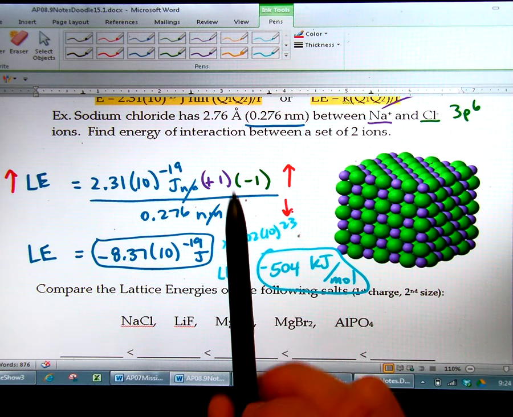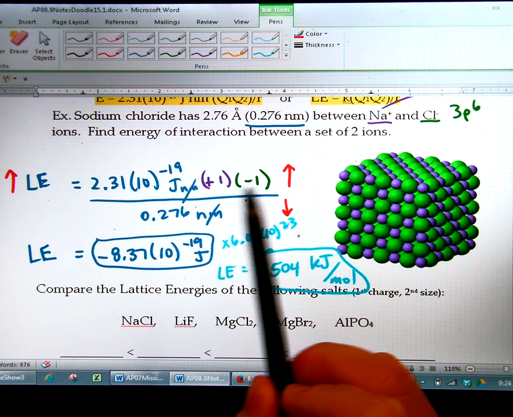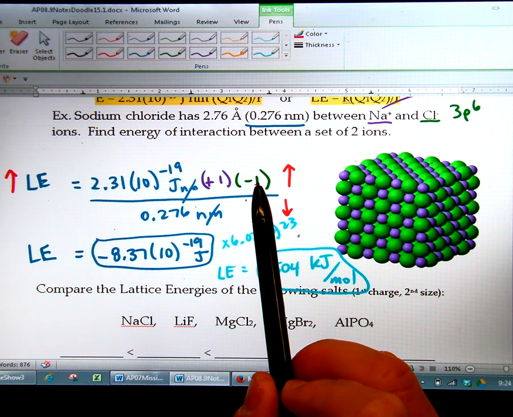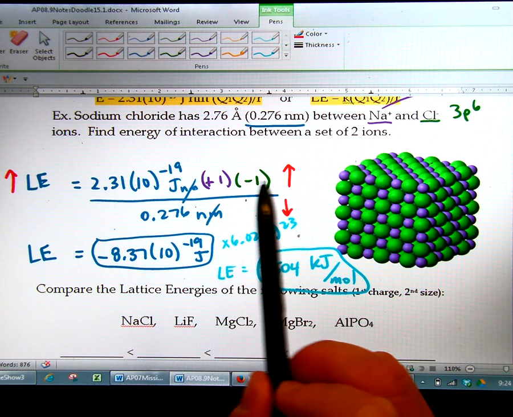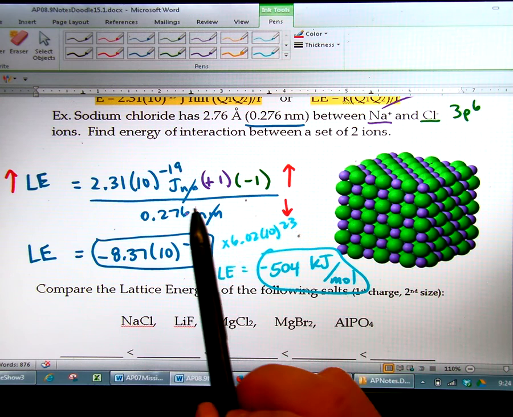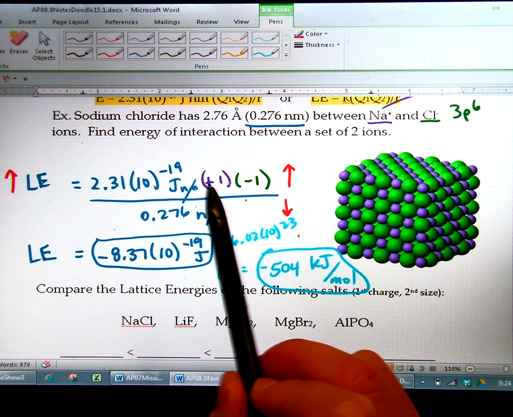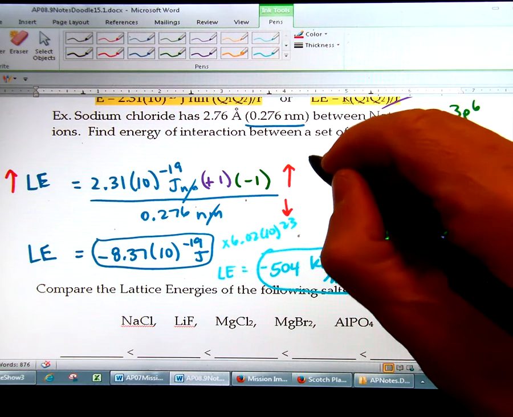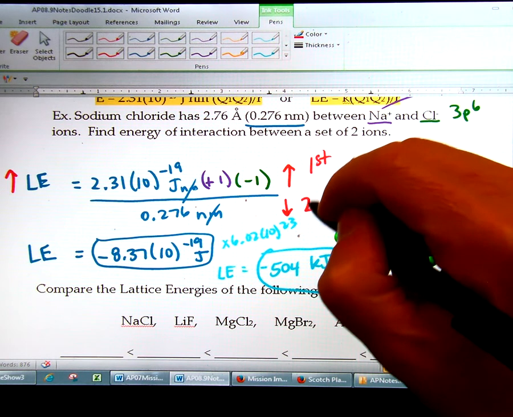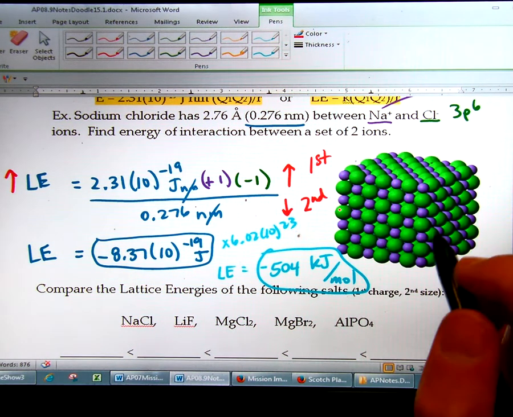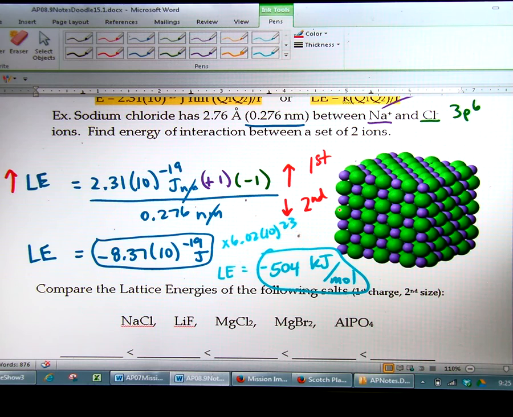So if you had something that had a +2 and a -1, such as magnesium chloride, that would give you double this amount up top. And of course the nanometers would be different, but not significantly enough as much as the charges. So always look at charge first and then look at size second.